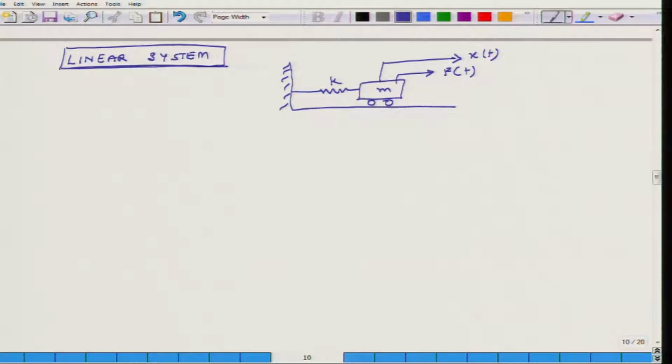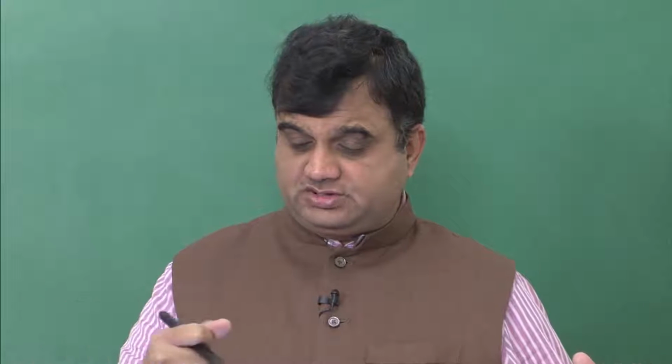I am pulling it using a force, and this force is not a static force, but it changes with time. Sometimes I pull it in the positive direction, sometimes I push it, and because of this the mass is moving back and forth.